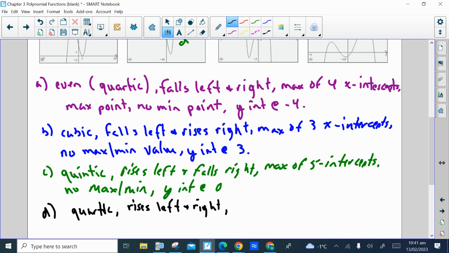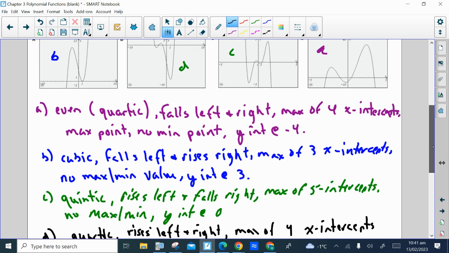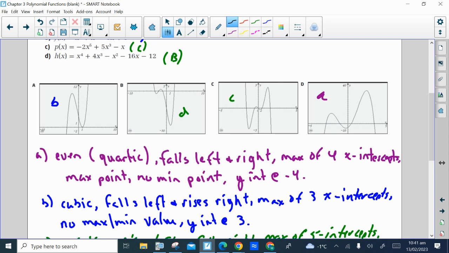Because it's a fourth degree polynomial, there would be a maximum of 4 x-intercepts. But it's possible that you could have a fourth degree polynomial with no x-intercepts. This graph could be shifted up far enough so it never crosses the x-axis.